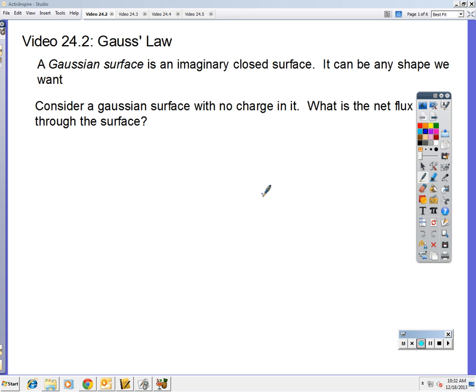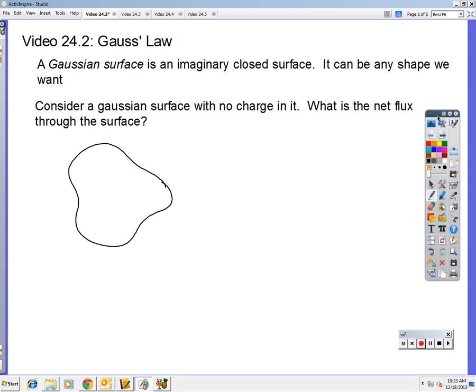So let us now consider a Gaussian surface, which I'm going to draw as a blob, and there is no charge in it. The question is, what is the net flux through the surface? Now, if there's no charge in it, that means there's no electric field lines that will begin or end in the surface.